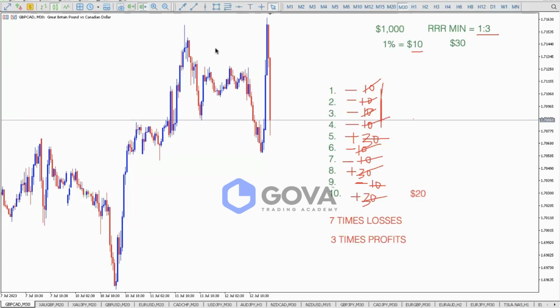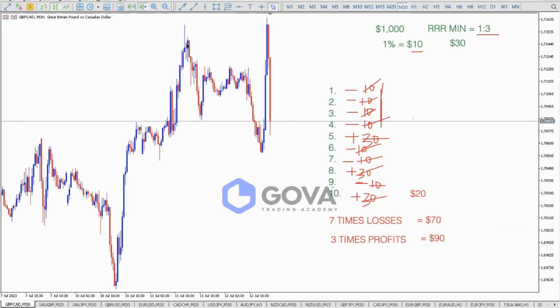So how much did we lose? We lose $70. It means the $10 we lose here is equivalent to $70, and the profit we made is 3 times $30, which is $90 profit.